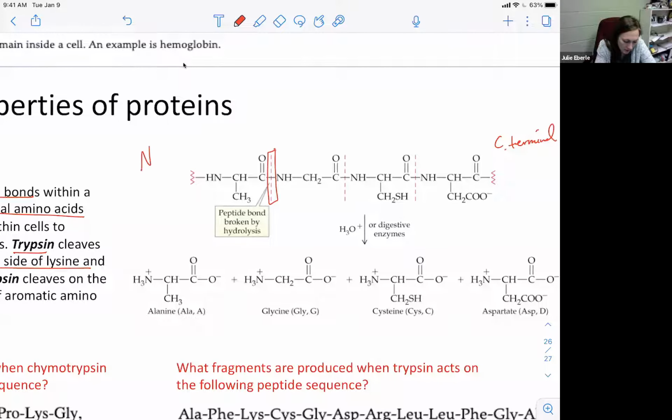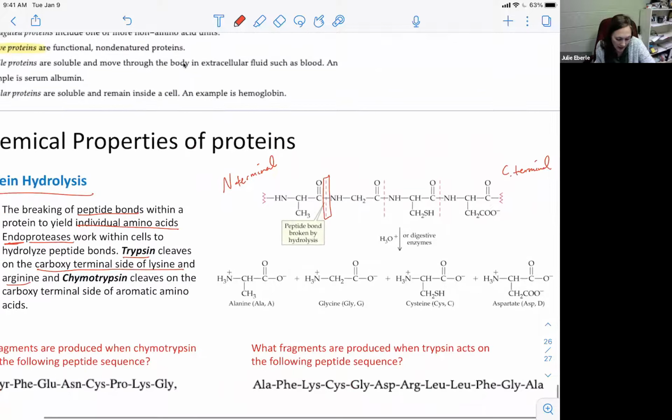So if we have a lysine or an arginine, those are the ones with side chains with a positive charge, it's going to clip the peptide bond on the carboxy terminal side of that amino acid.